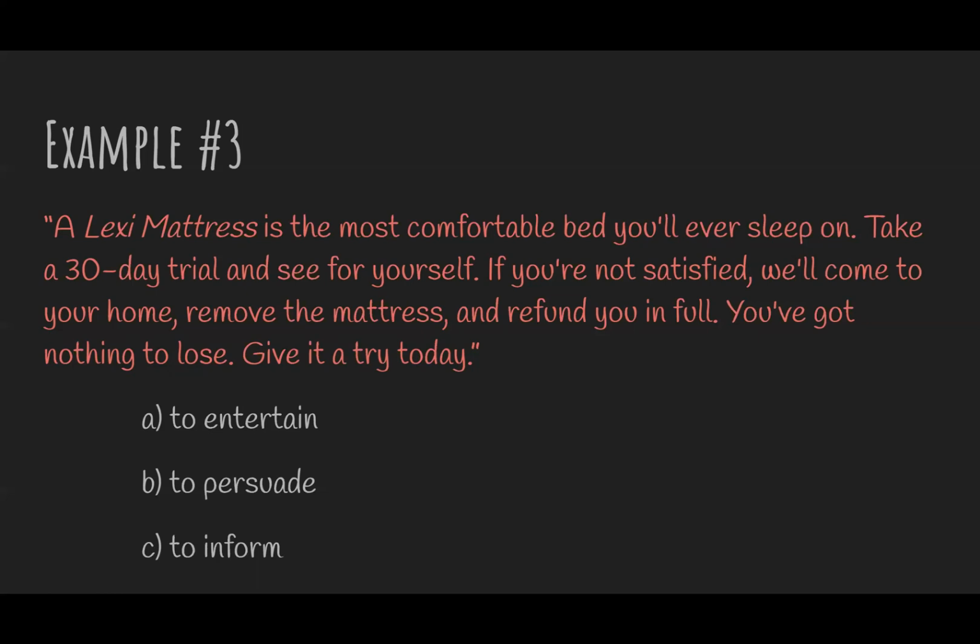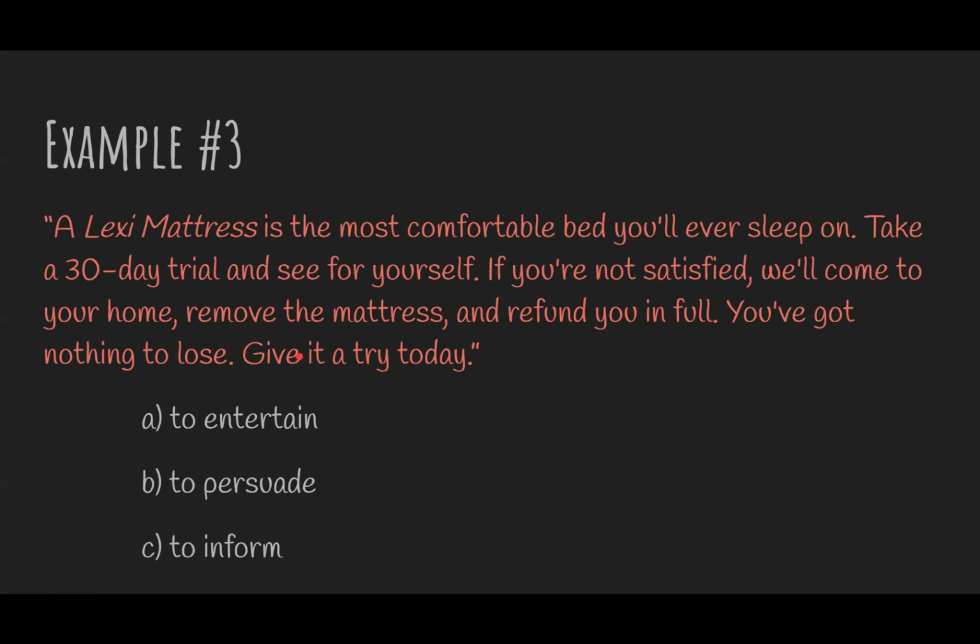Okay, so we have some comparative words first off. We have the most, right? We also can see that the author is telling us to do something. They're saying, take a 30-day trial and see for yourself. They're telling us to try the mattress. Give it a try today. This give word is similar to should and should not, right?